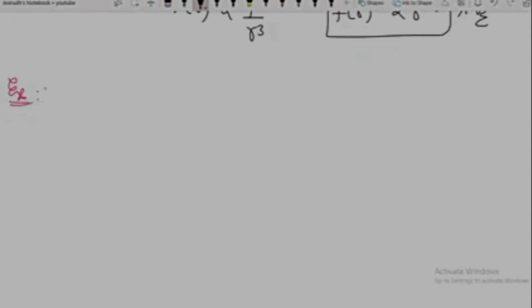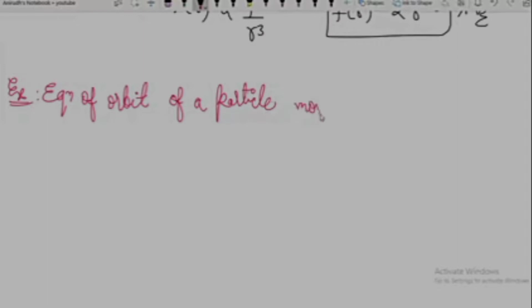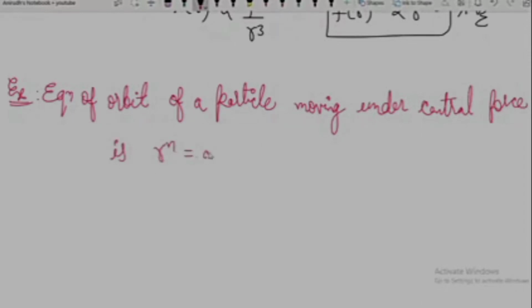Here we are going to solve the equation of an orbit of a particle which is moving under central force, that is r power n is equal to a cos n theta.